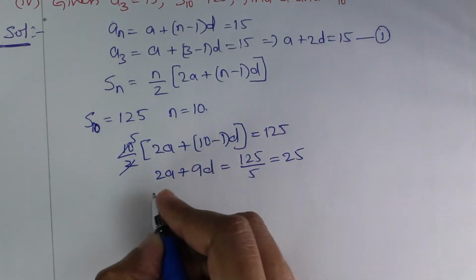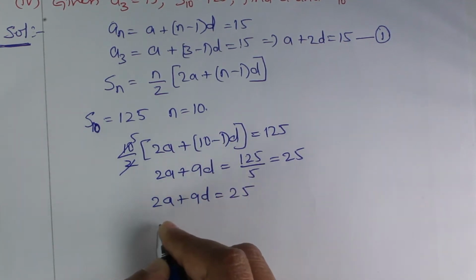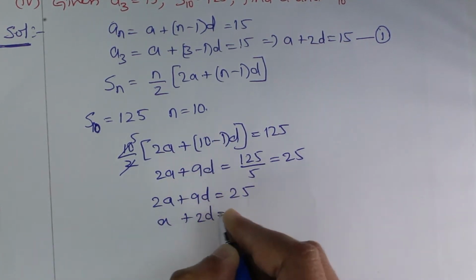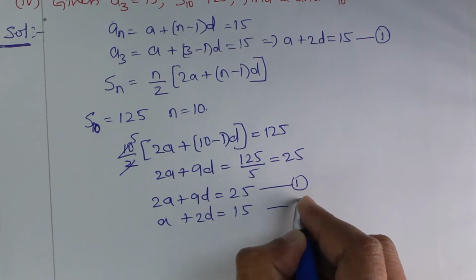So I have two equations: 2a plus 9d is equal to 25 and a plus 2d is equal to 15.